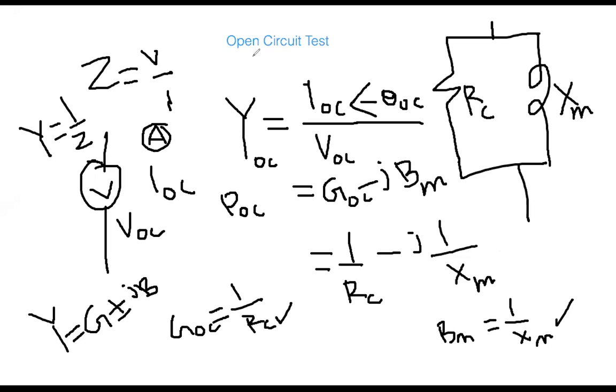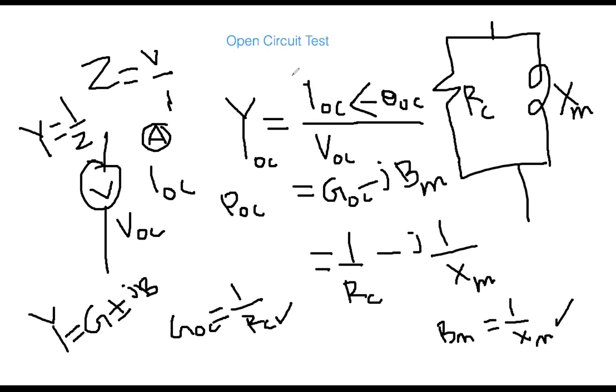With the help of the open circuit test, we found these two parameters, and this portion is related to the core loss component, the magnetizing branch component. So the open circuit test will give you core loss. This means the POC reading, the value you get from the wattmeter, is directly the core loss amount.